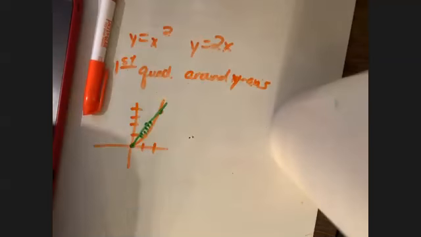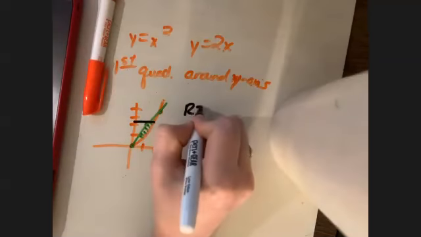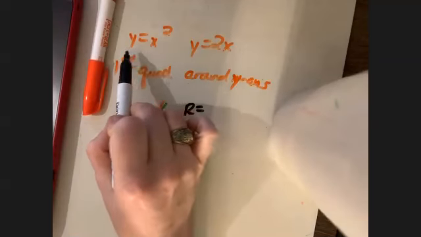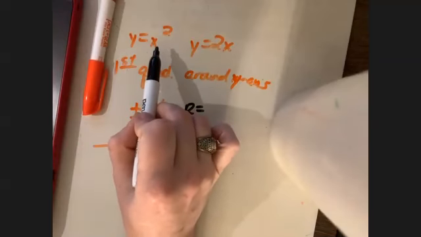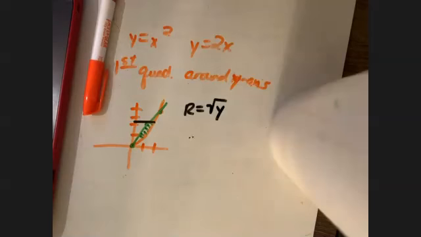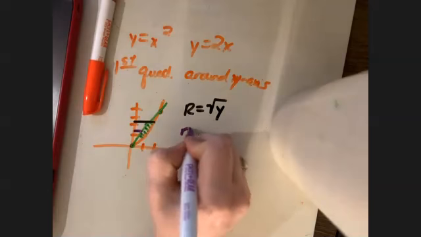Okay, so again, we're going to have to talk about this in terms of away from. So big R. Now this needs to be in terms of y's, so that just means I need to bring square root. So it's going to be square root of y over. Little r is going to be here.